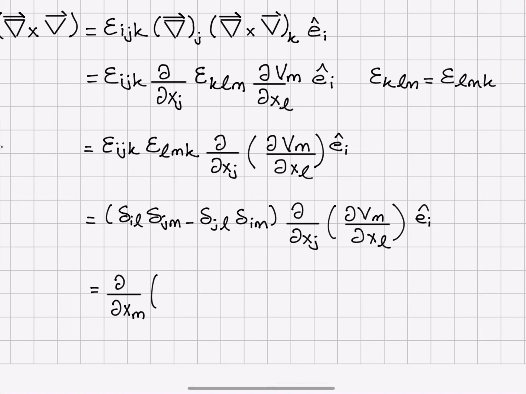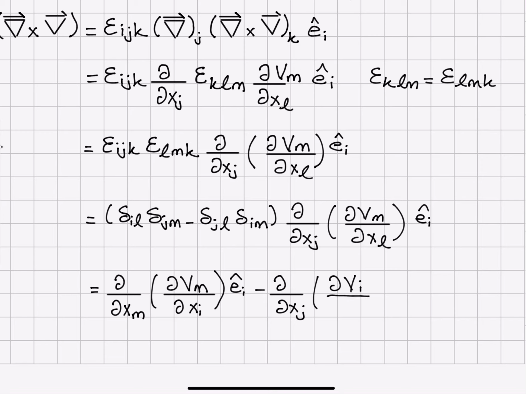And then I have the partial derivative of Vm with respect to xl, but L has been replaced with I now, so it's del xi, and this is in ei hat direction, minus, now the second term, we're going to replace L's with J. So this J will stay, del xj, and M's will be replaced by I, so this will be del Vi, partial derivative with respect to x, not L, but J now, in ei hat direction.